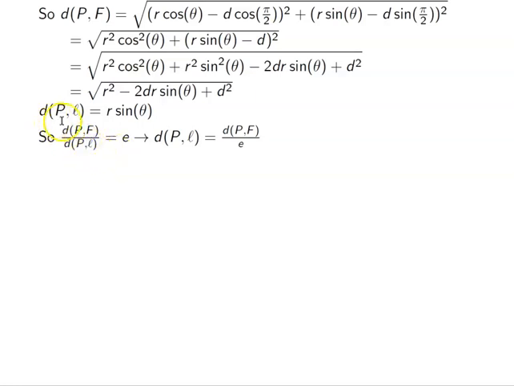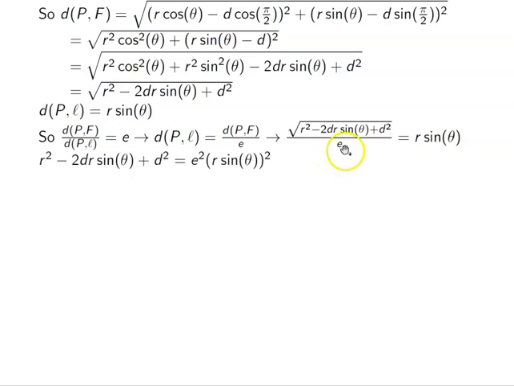I'm going to have the r sine theta equals this ratio over e. So I'm just manipulating this equation a little bit by multiplying both sides by the distance from P to L and then dividing both sides by e. That's why e is on the bottom here. And then I can just set up that ratio. Okay. So r sine theta is my distance from my point to my focus, okay, over e.